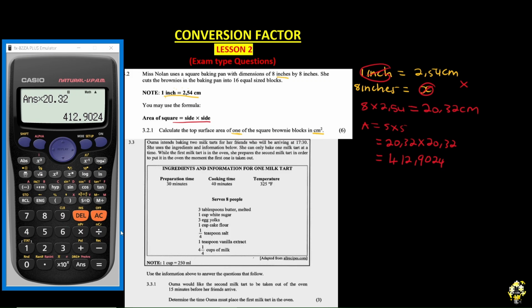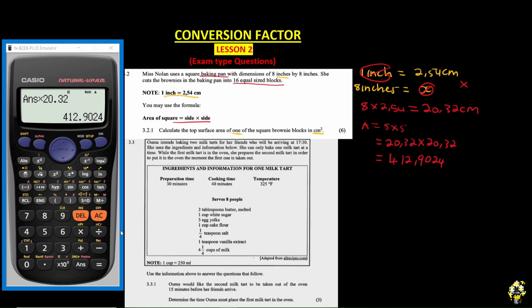This is not the final answer. Why? Because this is the area of the square baking pan. I am yet to calculate the brownies which were baked in that baking pan. It says that after the brownies were baked, they were cut into what? 16 equal sized blocks.